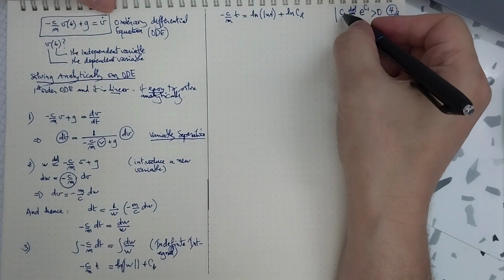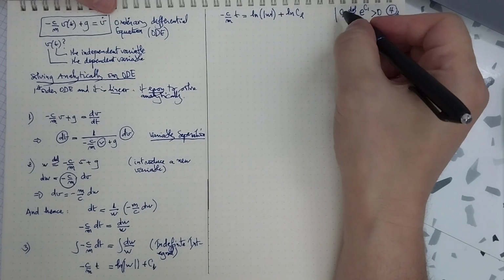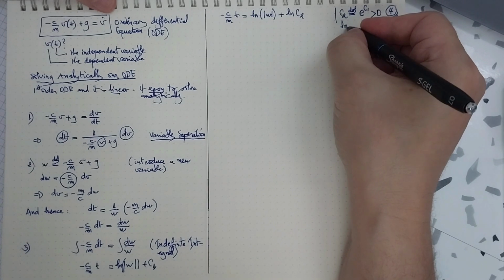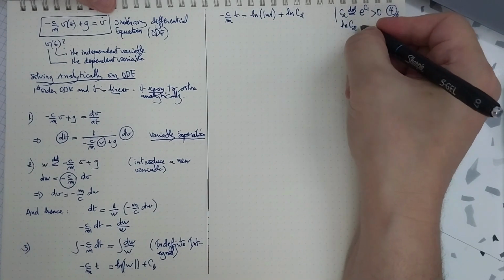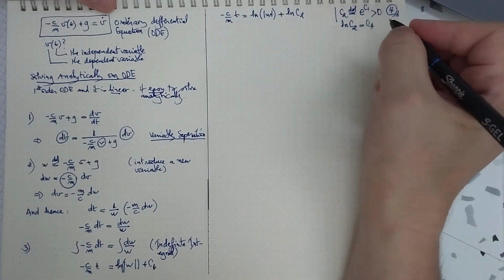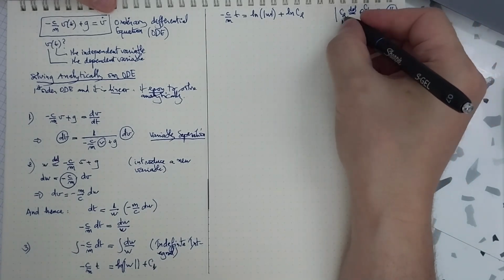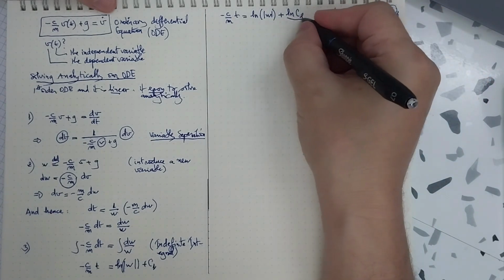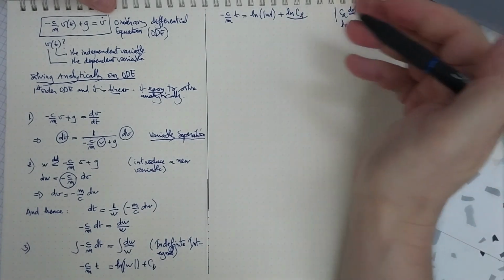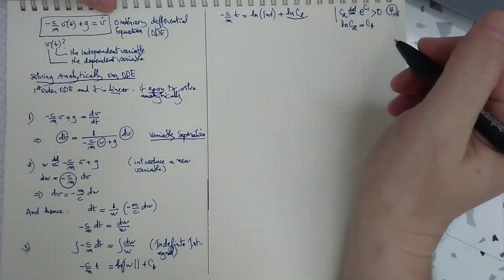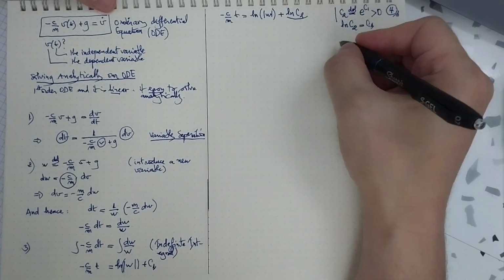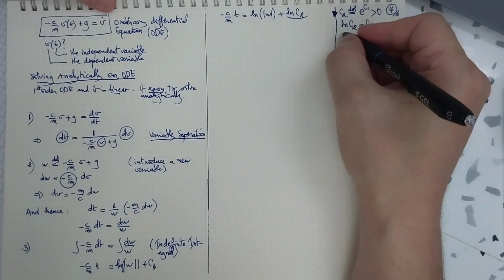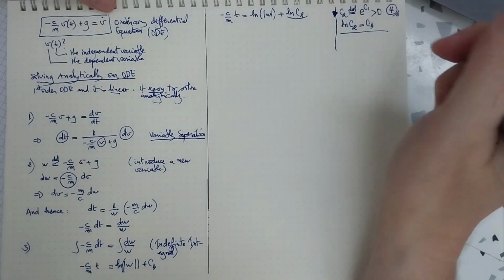When we calculate its natural logarithm, we find C1. So the logarithm of C2 is C1. So we replaced C1 by the natural logarithm of C2. This is what we have done. We introduced a new constant. But why? Because this is to help us remember what we are doing here.